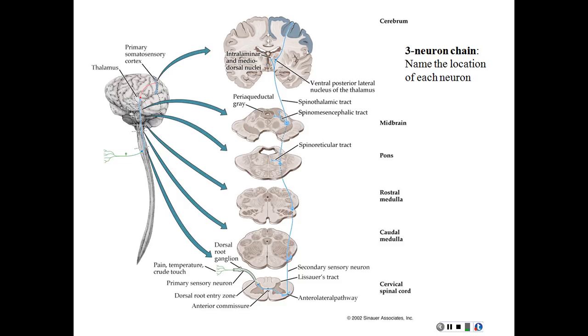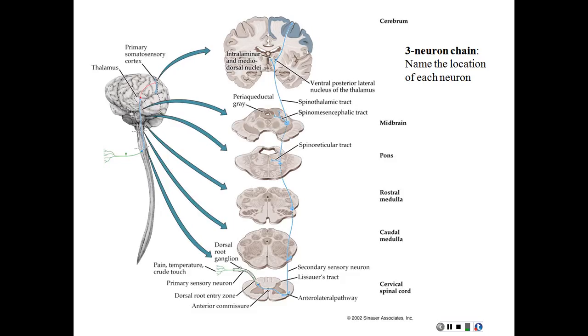It ascends, and it ends up innervating those same thalamic neurons within that ventral posterior lateral nucleus, and again, those neurons then extend their axons out onto the cortex, where you become consciously aware of the pain and temperature information.